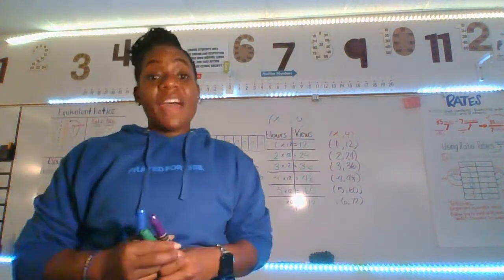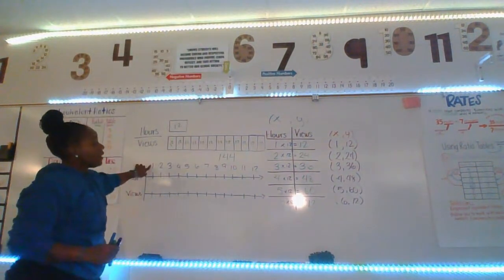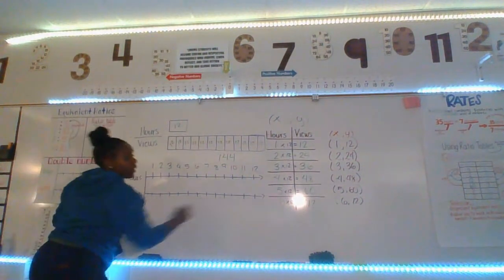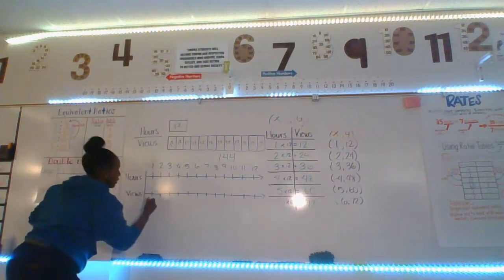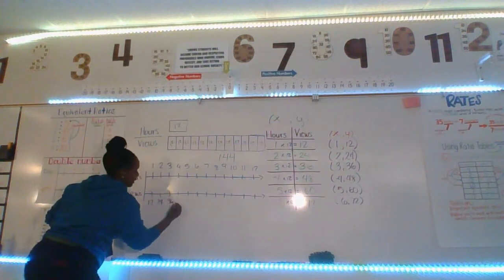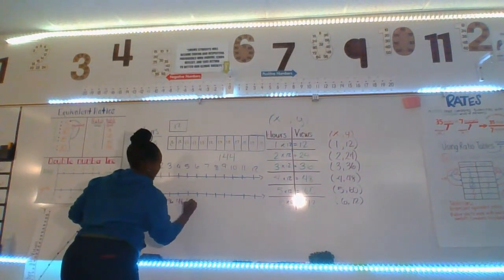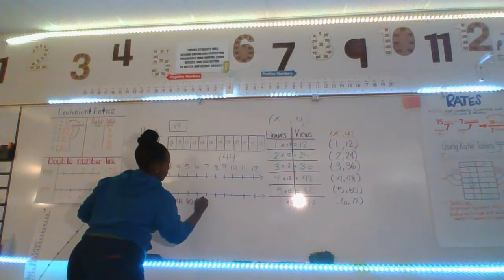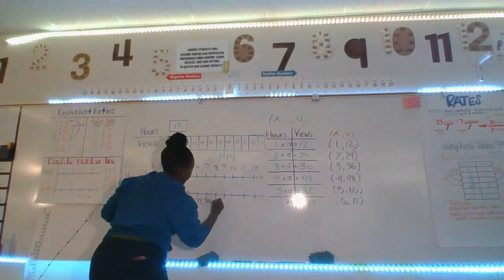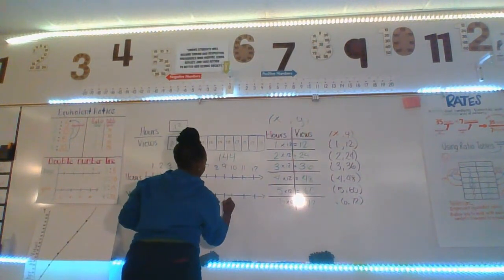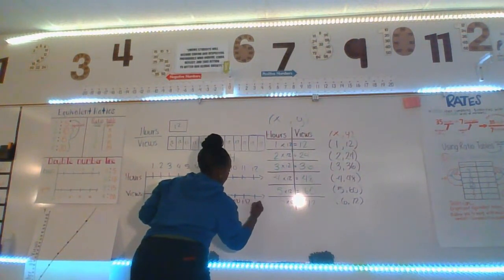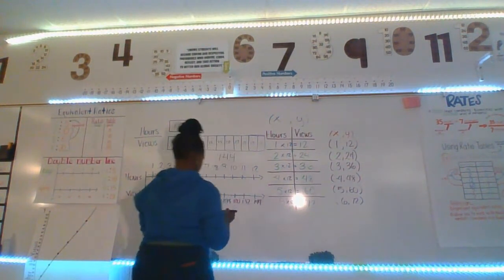We know that for every 1 hour, there were 12 views. So then here at the bottom, we're going to count by 12. So we go 12, 24, 36, 48, 60, 72, 84, 96, 108, 120, 132, and then 144.